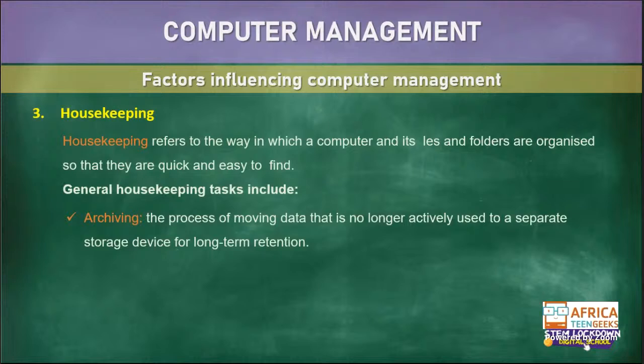We can use maybe a DVD or a CD, most probably a device that is read-only. Most of these files, you won't be updating them. It's just for storage purposes, to remove them from the computer because they are occupying space, and then you store them for future reference.